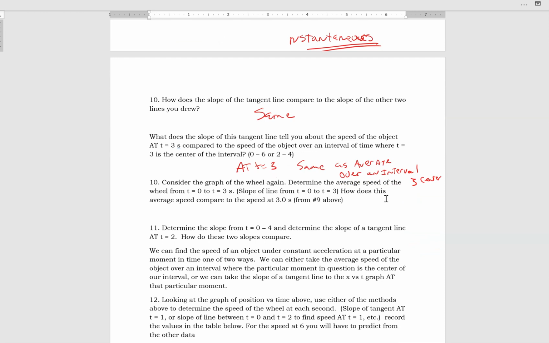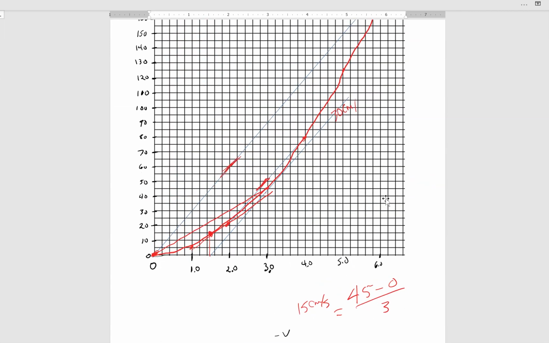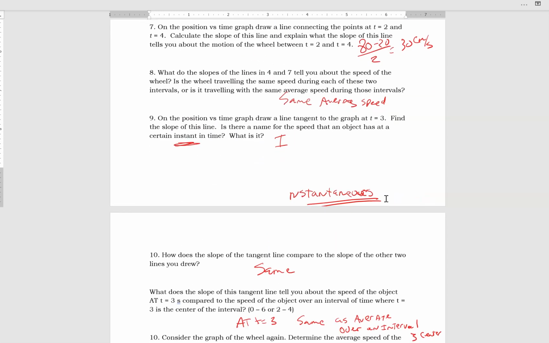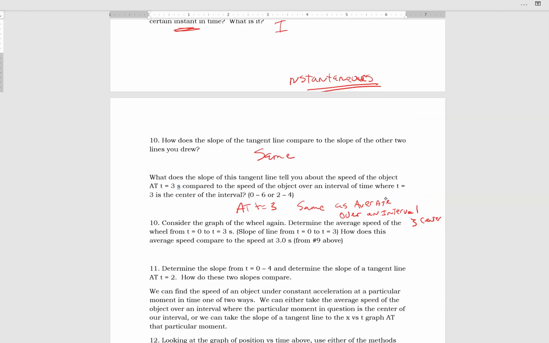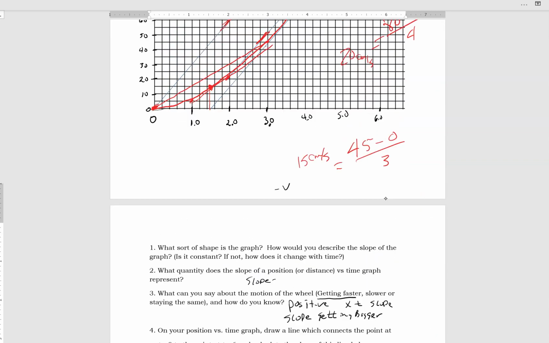All right, so now it says determine the slope from t equals 0 to 4 and determine the slope of a tangent line at 2. From 0 to 4, it should be 80 minus 0 over 4, or 20 centimeters per second. And I'm supposed to determine the speed of the tangent line at t equal 2.